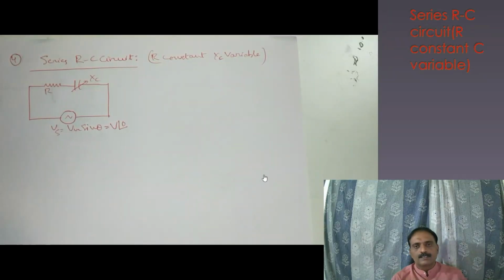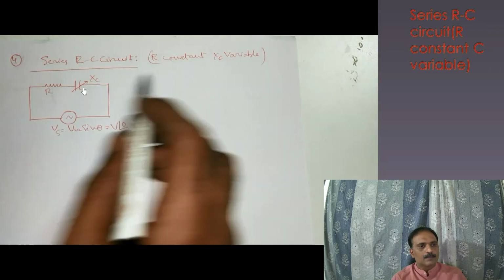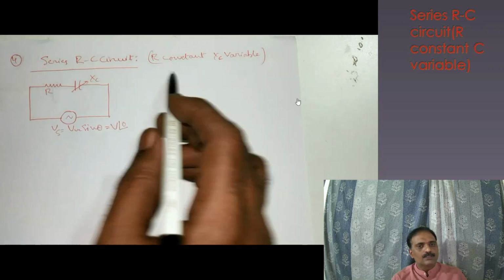Now let us consider a series RC circuit in which the capacitance is going to vary and the resistance is going to be constant. So we know that when you consider a capacitor in a circuit, the current is going to lead the voltage.